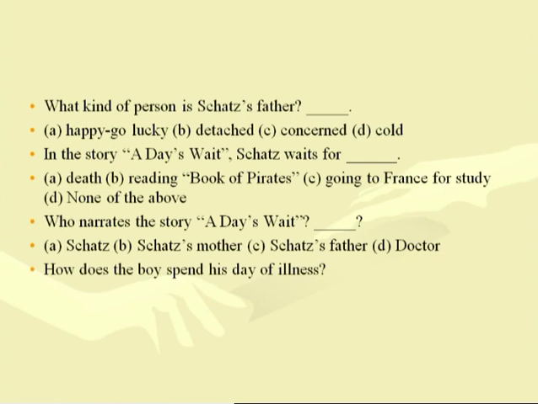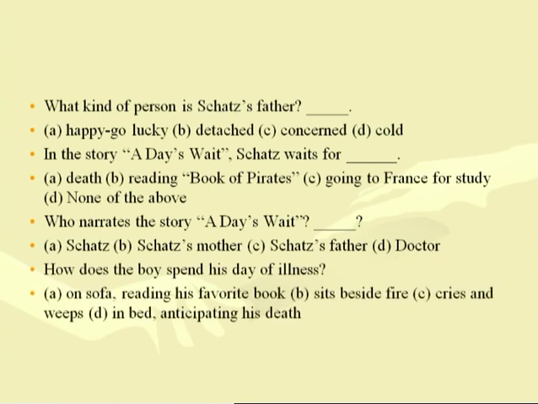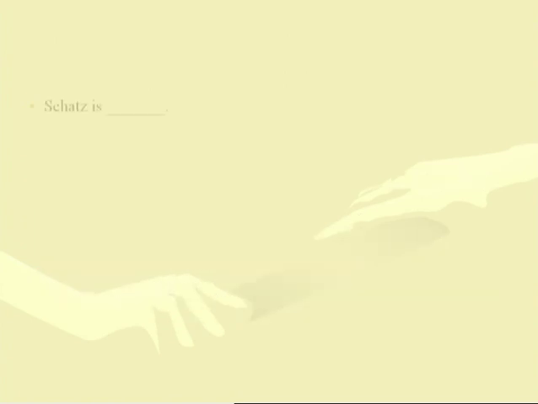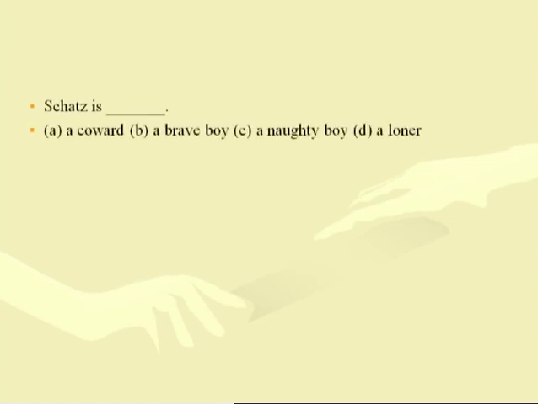How does the boy spend his day of illness? On sofa reading his favorite book, sits beside fire, cries and weeps in bed, anticipating his death. Correct answer is D, in bed, anticipating his death. Shaz is dash: coward, a brave boy, a naughty boy, a loner.